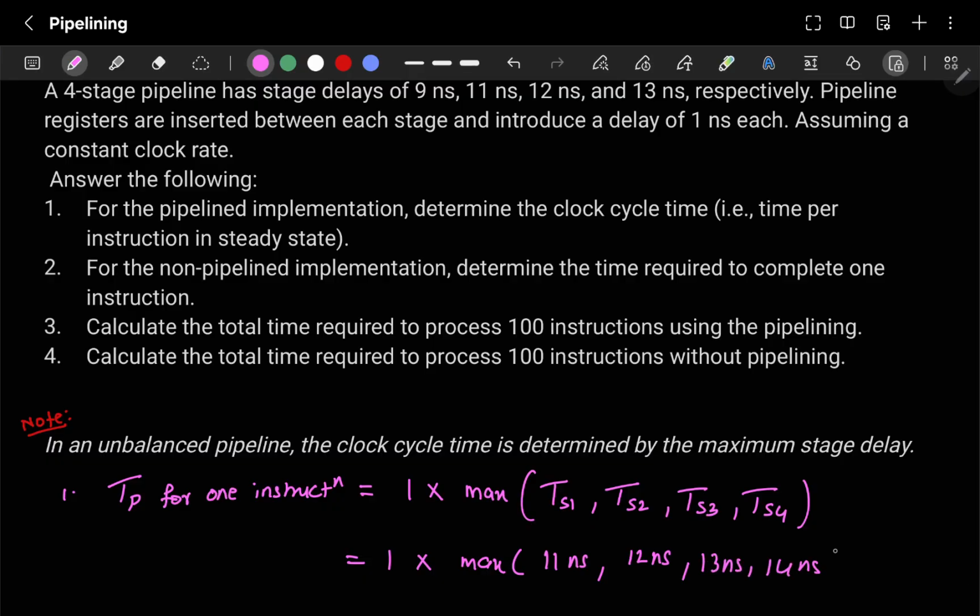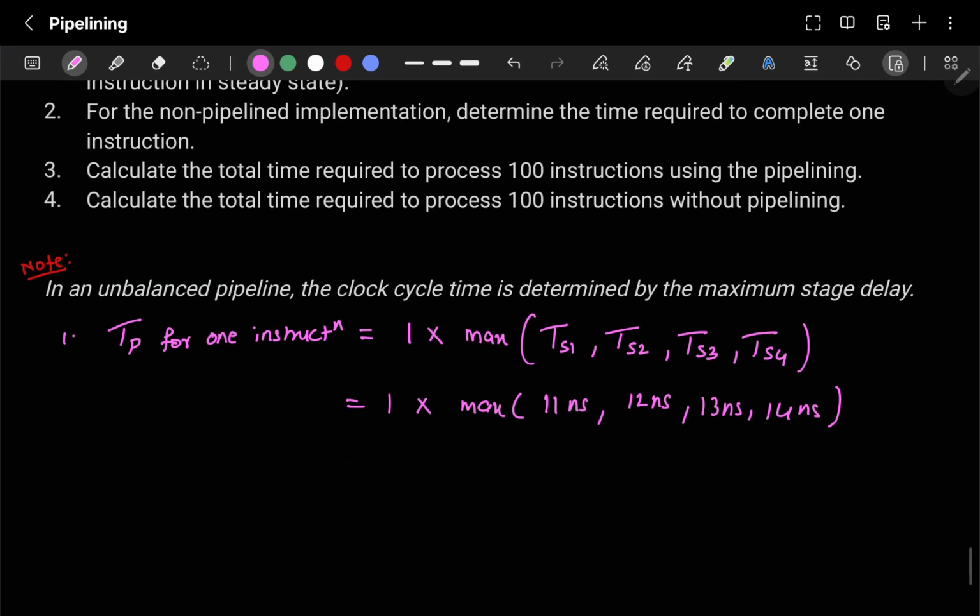Whichever is the maximum becomes the stage delay. That would be the time period for the pipeline. So that is 14 nanoseconds. So the answer is 14 nanoseconds, the time taken for one instruction using a pipeline.